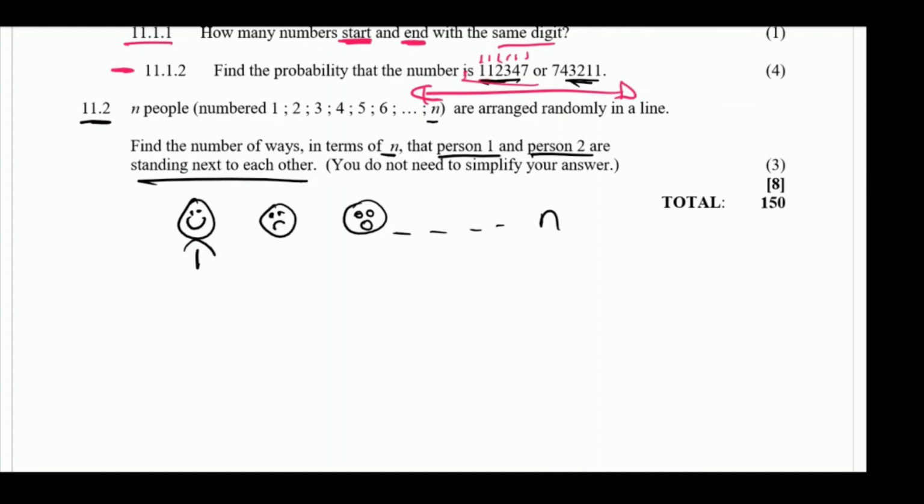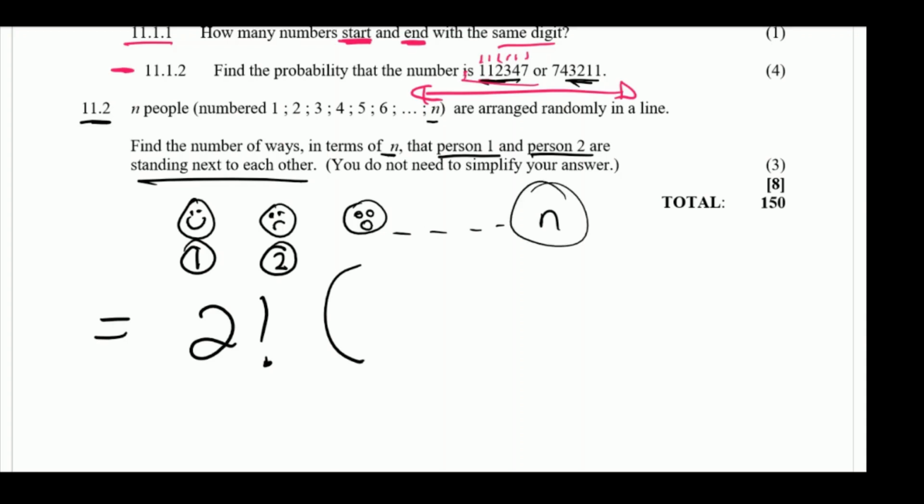If we consider this to be person 1 and this to be person 2, we must find the number of ways in which these people are standing next to each other. So how do we identify that? We're going to use 2 factorial because we're looking at person 1 and person 2. So that's 2 factorial. And the total number of people is n, right?